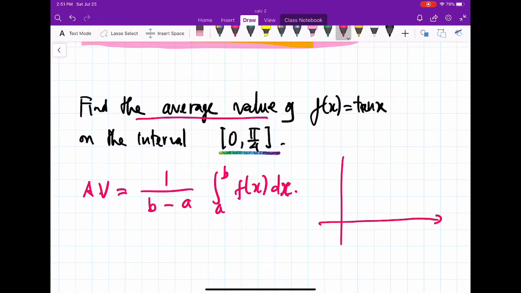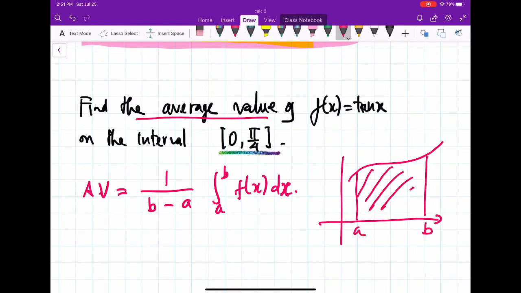The meaning of the average value of a function on some interval: you have some interval a and b, and the definite integral, let's say, is the area of this region. The formula says there exists some point here so that you have a rectangle, and this rectangle has the same area as our region.